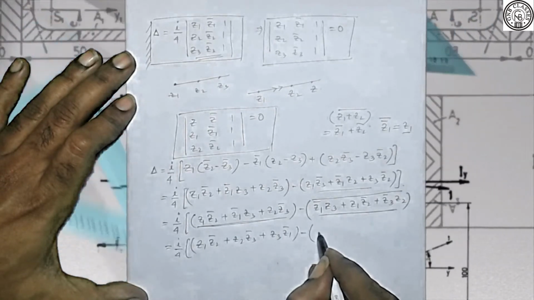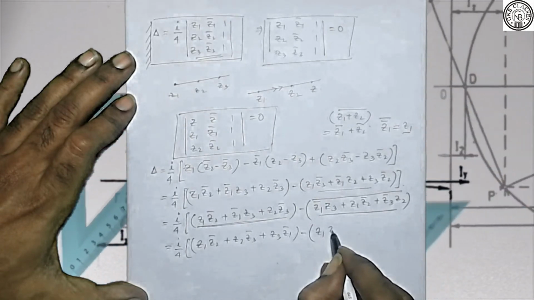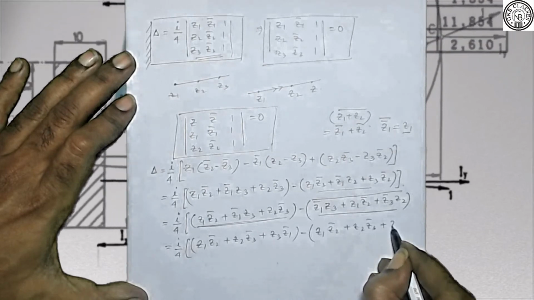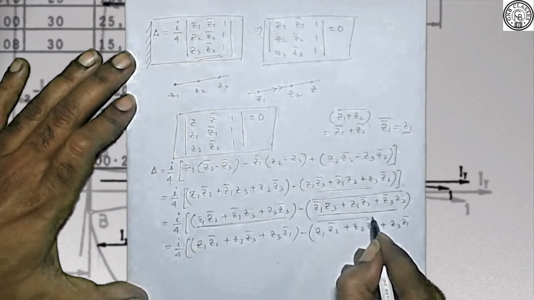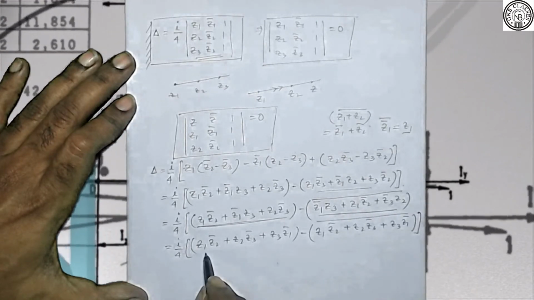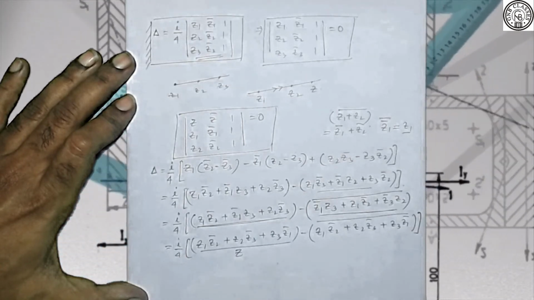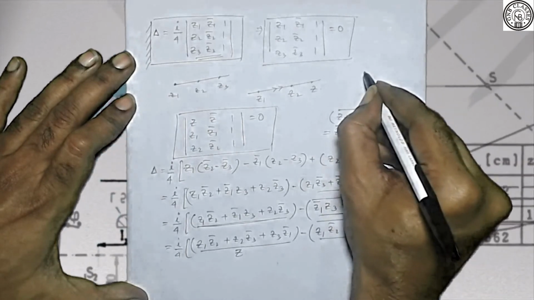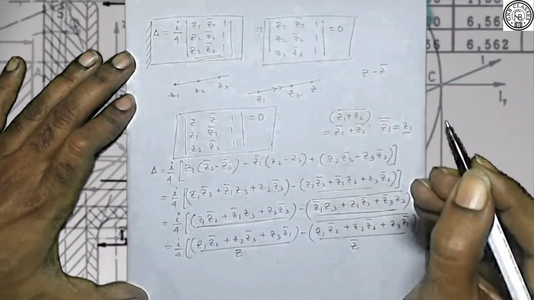And let me write the same thing here: Z1 Z2 bar plus Z2 Z3 bar plus Z3 Z1 bar, whole bar. Now, if this is the complex number Z, let us say, then this is simply Z bar. Now, can you please tell me what is Z minus Z bar?